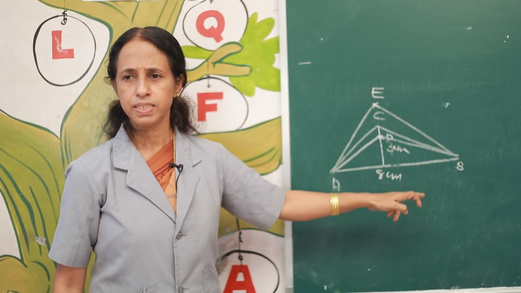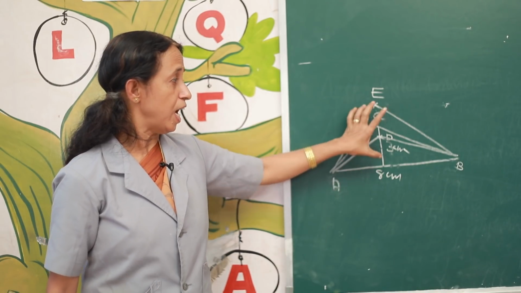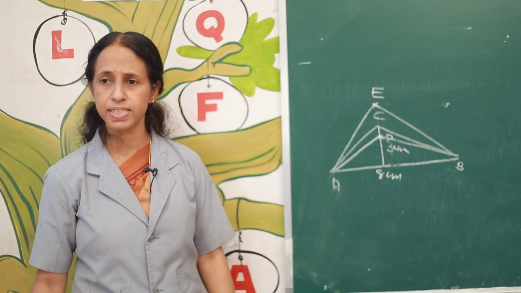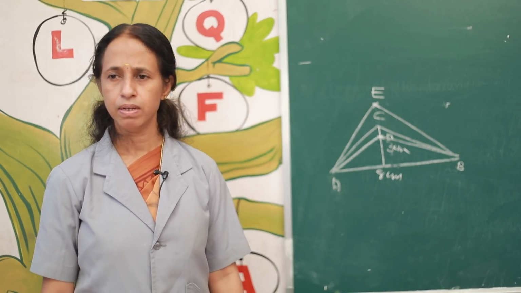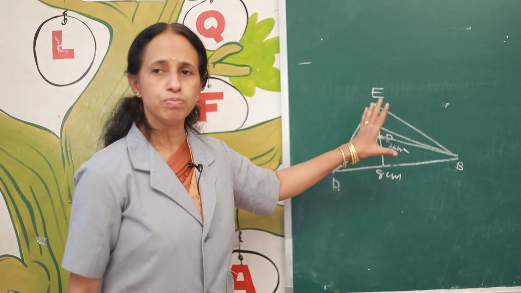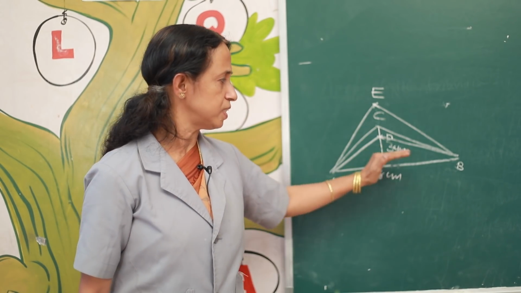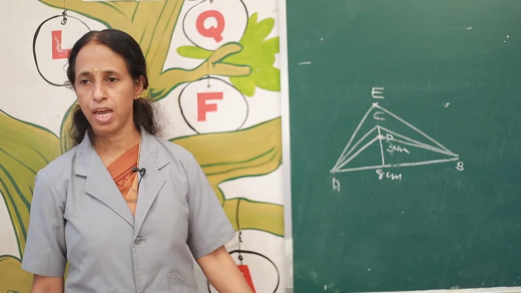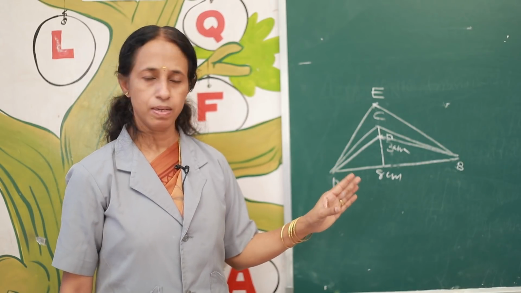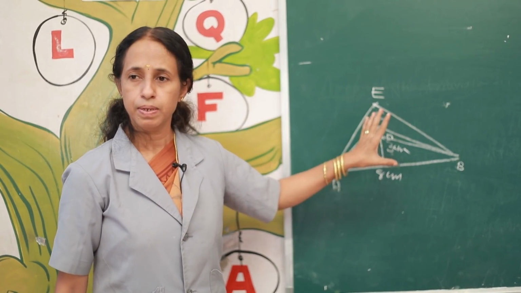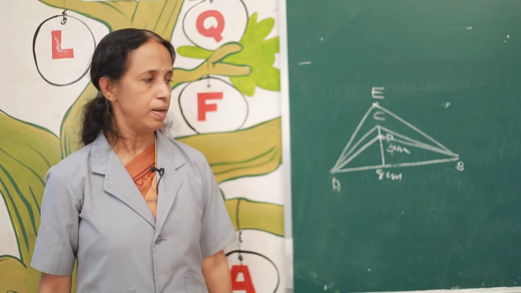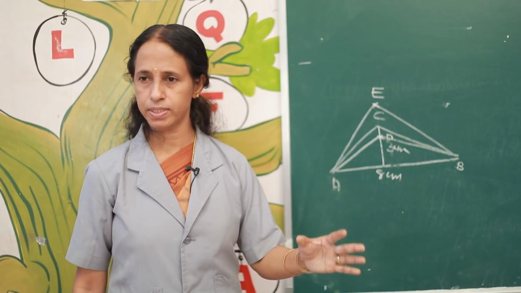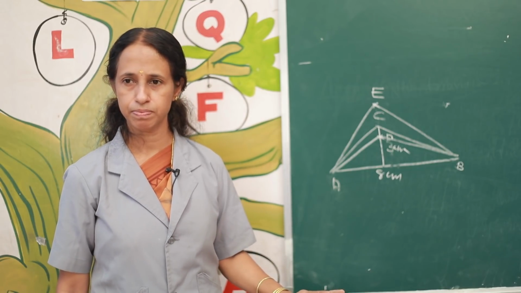In this, we can understand that the area of triangle ABE is greater than the area of triangle ABC. The areas of all these triangles are not the same, though the base is the same.